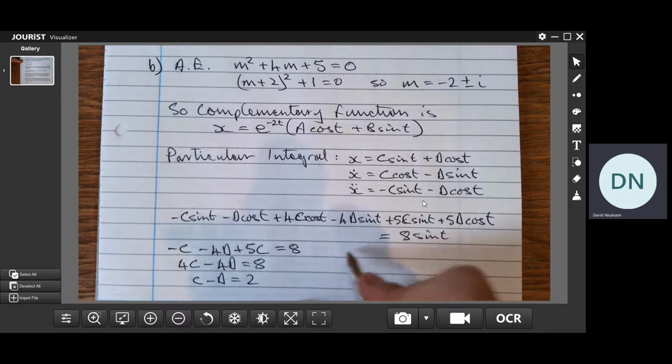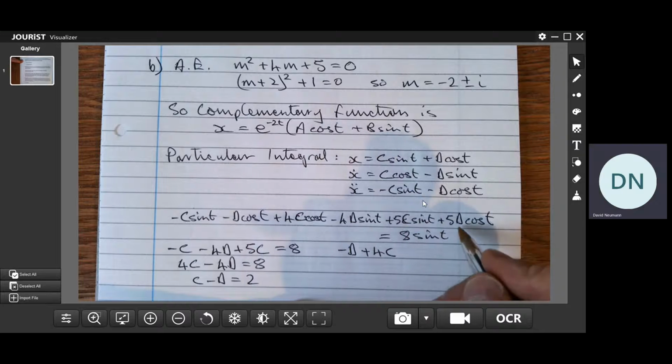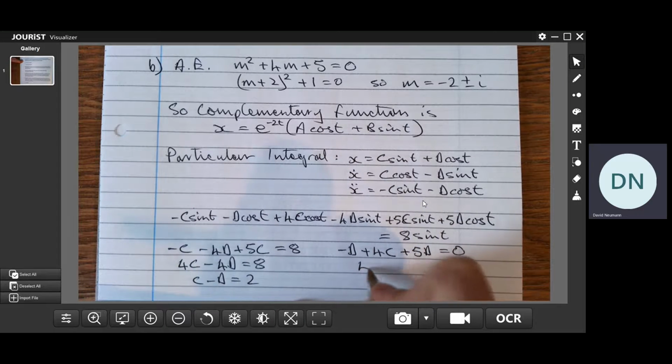And cosine, let's do that over here. We've got minus d plus 4c plus 5d equals 0. So that's 4d plus 4c equals 0. D plus c equals 0.